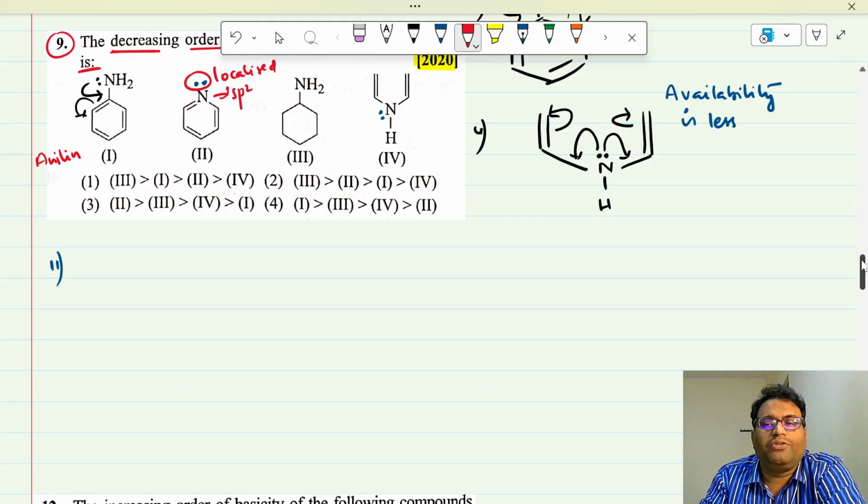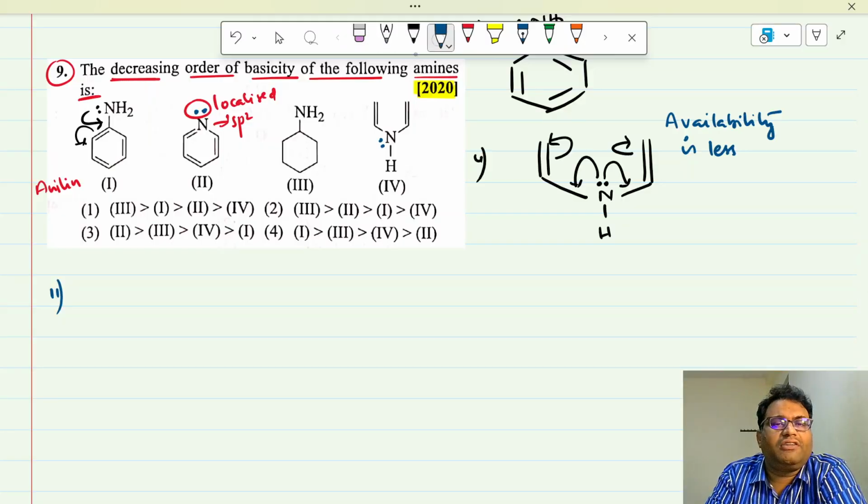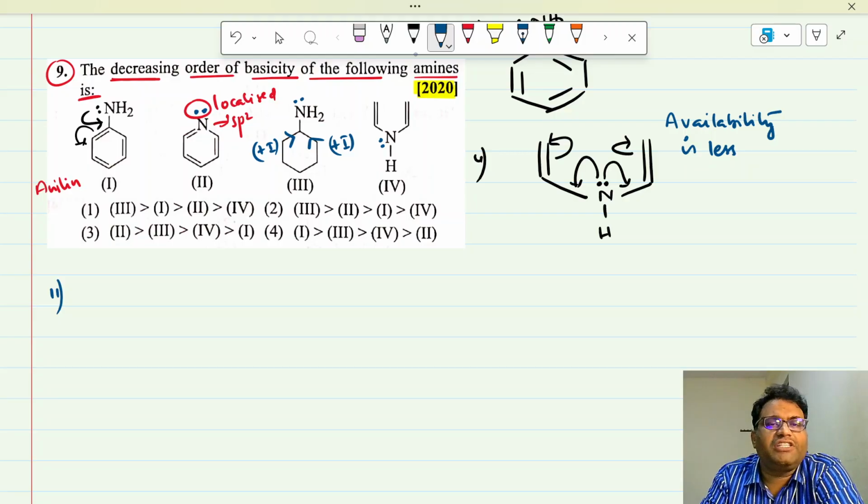Whereas coming to molecule number 3, if you see, here you have a plus I group. This is plus I. This is also plus I. From both sides, it is pushing. Electron density is being pushed from both the directions, from both sides.